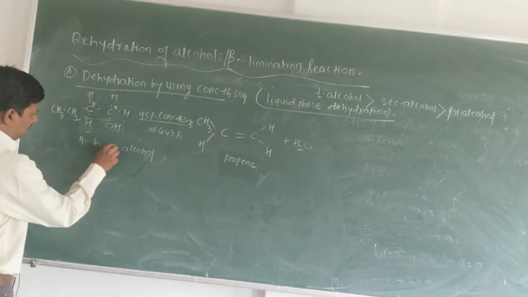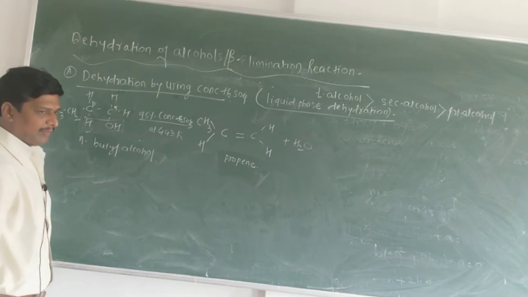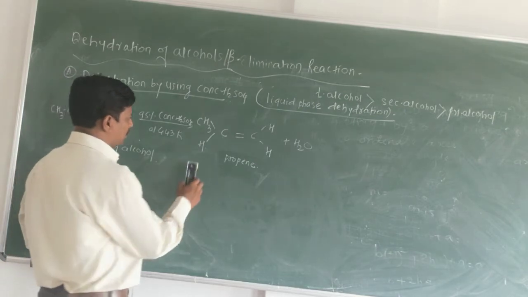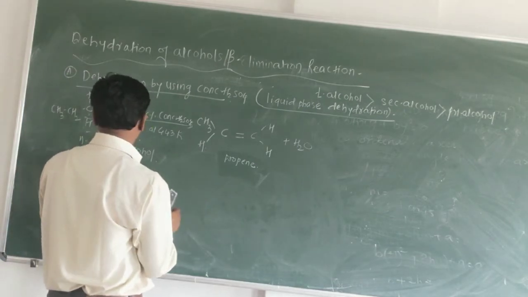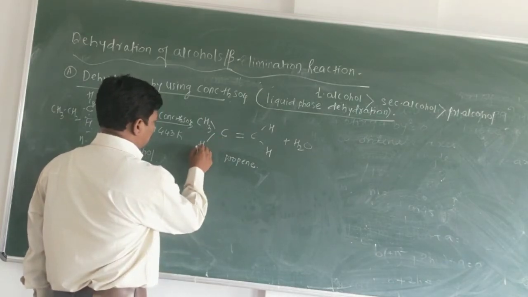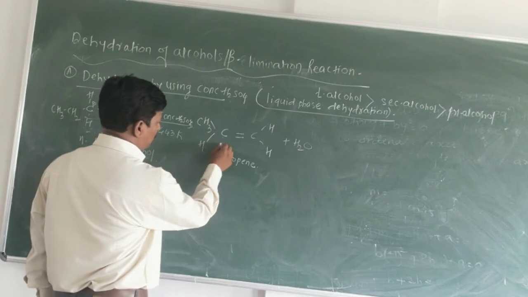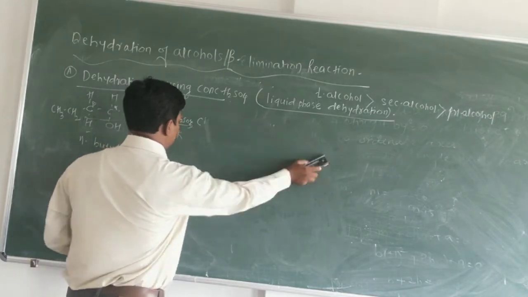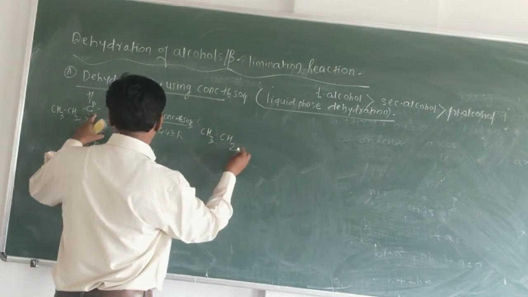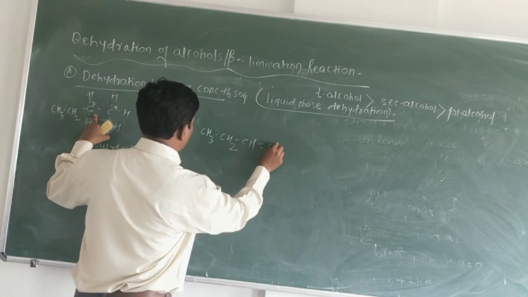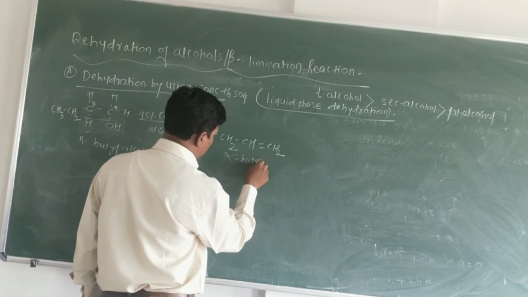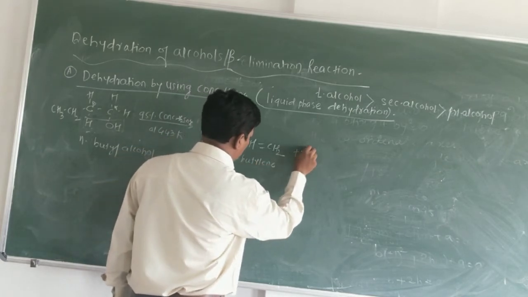Now this N-butyl alcohol reacts with 95% concentrated H2SO4 at 443 Kelvin temperature, and the product is CH3CH2 CH double bond CH2, which is alpha butylene, and a water molecule gets removed.